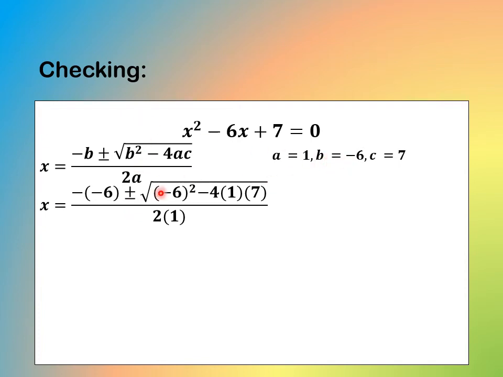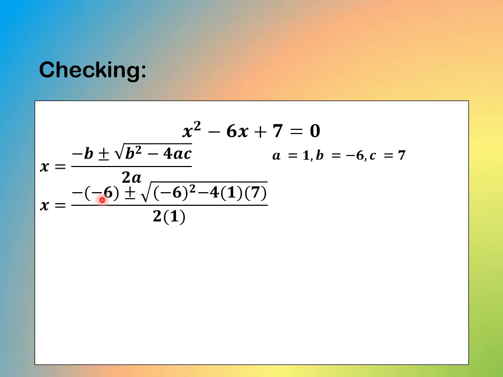So, ang b natin is negative 6. So, we have negative 6 squared. Minus 4. Ang a is 1. C is 7 over 2 times ang a is 1. So, evaluate natin ulit. Solve natin.